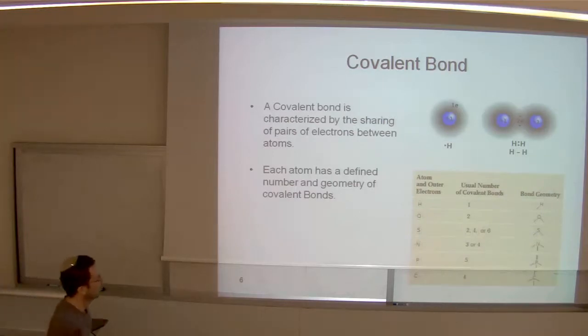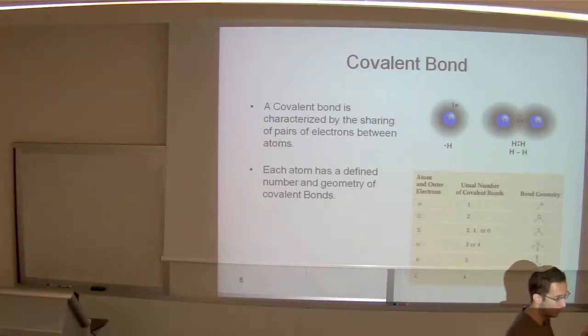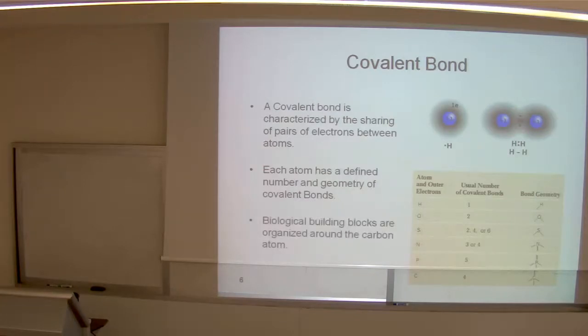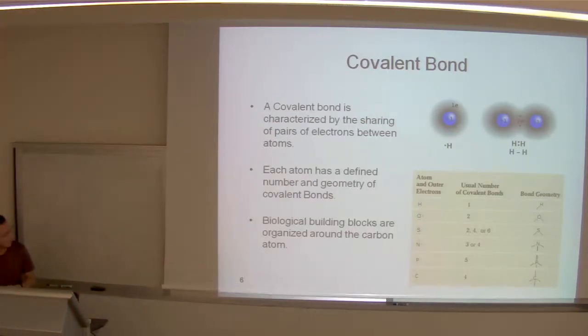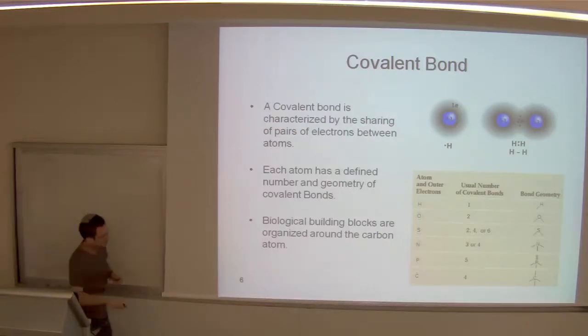Each element or atom in nature has a certain number of electrons in its circumference, which allows it to attain a certain number of covalent bonds with other atoms and a certain geometry in space. For instance, oxygen would usually be found covalently bonded with two other atoms, phosphorus with 5, and carbon with 4 covalent bonds usually.